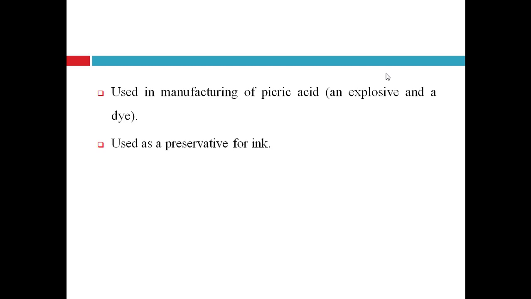So picric acid can be manufactured or synthesized by the nitration of phenol, and it is converted into 2,4,6-trinitrophenol, that is picric acid. And picric acid is used as an explosive and as a dye, right? Phenol is used as a preservative for ink, right? So these are the different uses of phenol.